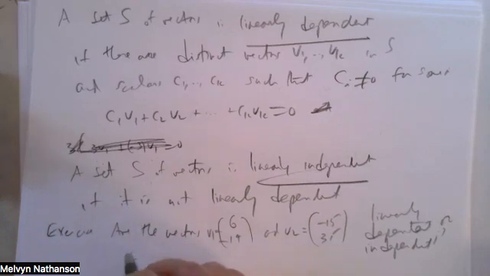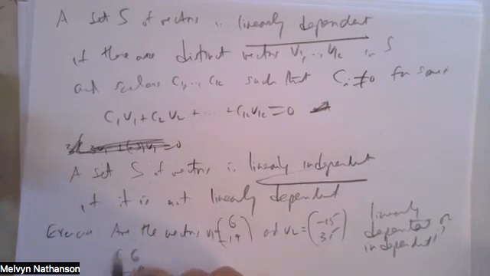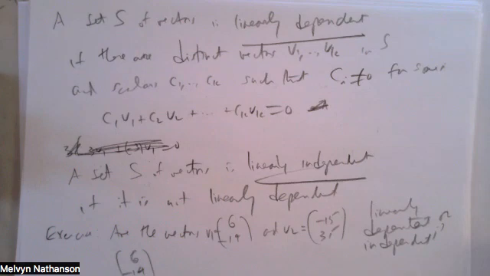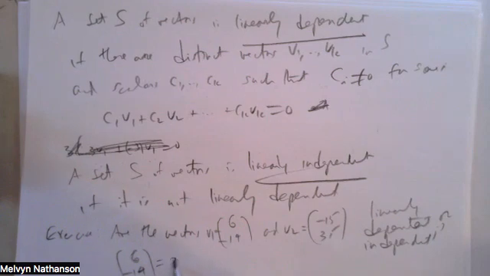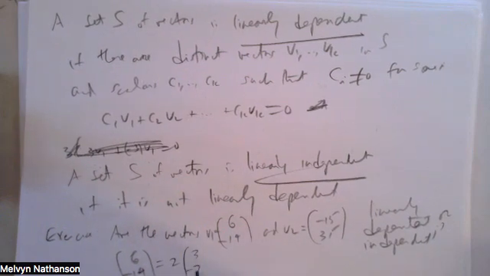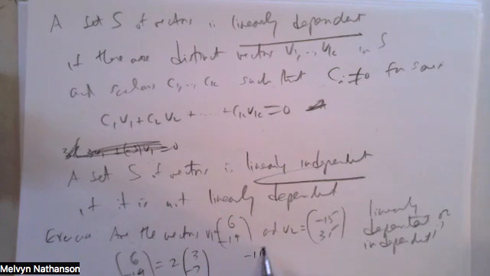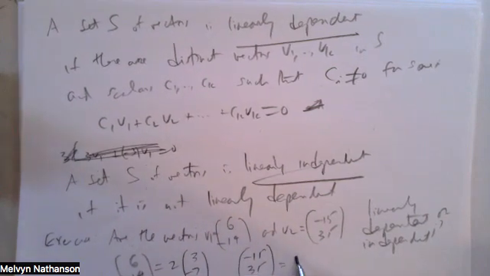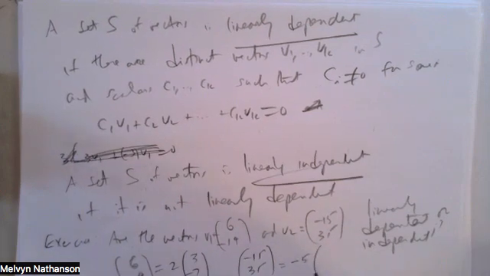If I have (6, -14), I might notice that this is 2 times the vector (3, -7), and (-15, 35) is minus 5 times the vector (3, -7).